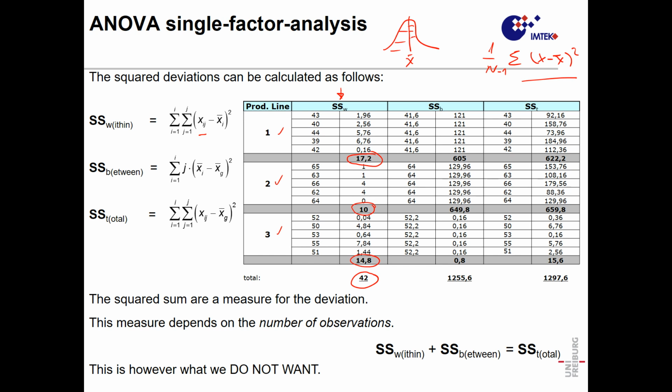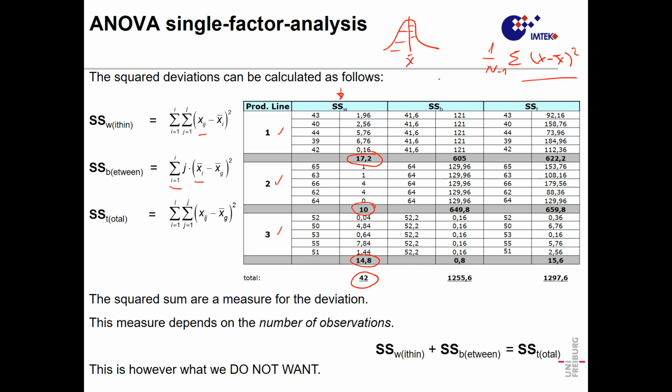Then you have to go to the between. For the between you have to take the mean of your sample minus the general mean and square it. And you have only one summation here because there are 3 means only, right?